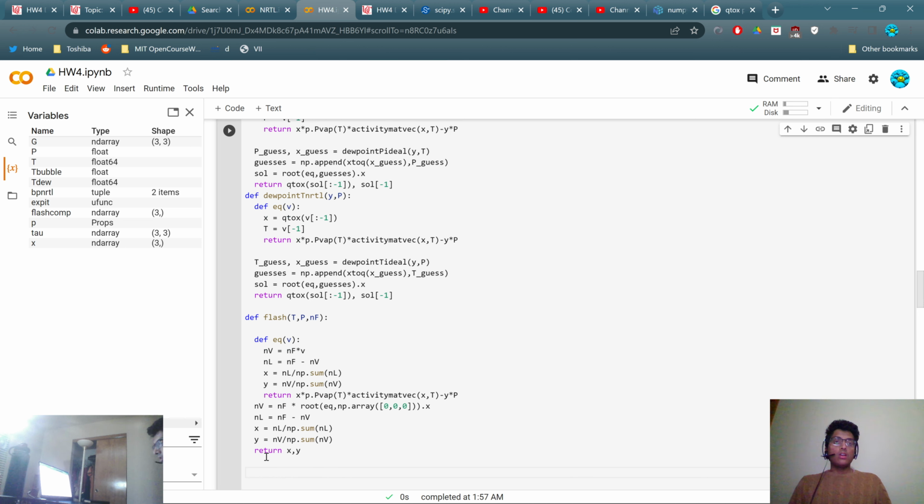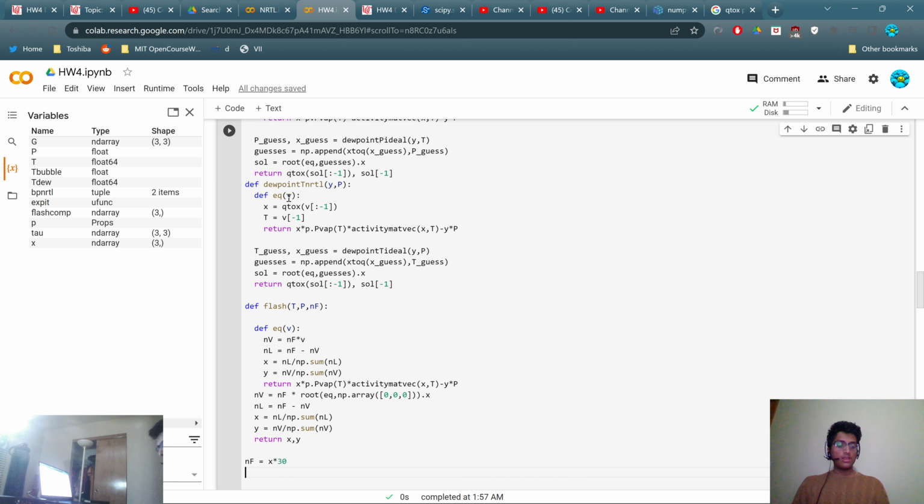So our components, our NF for this will equal our X because it's an equal molar mixture times 30 because there's 30 total moles, and that would make 10 moles of each component. Our pressure is 101,325. We defined that earlier. And then our temperature. So we need the bubble point.